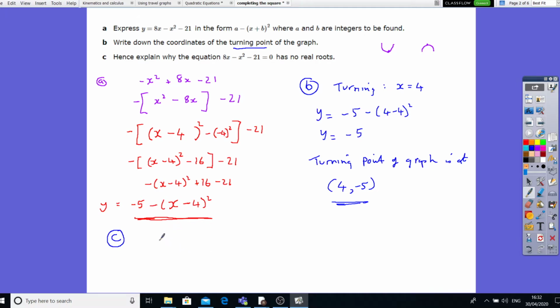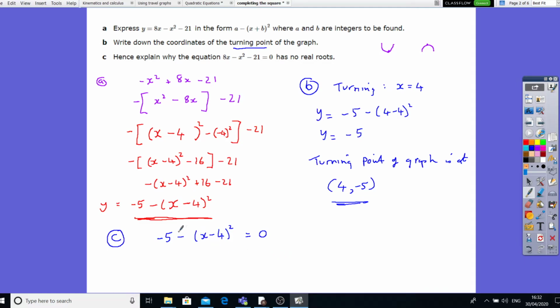So let's start. First of all, we've got minus 5 minus, open bracket, x minus 4 squared. We need to find the values of x when this equation is equal to 0, when y is equal to 0.